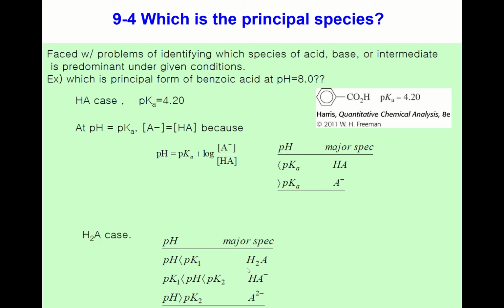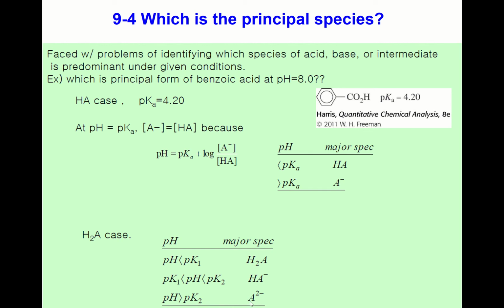Since we have two equilibrium constants, K1 and K2, we apply the same Henderson-Hasselbalch equation to this case. When pH is smaller than pK1, the major species is the H2A form. When pH is greater than pK2, the major species is A2 minus.